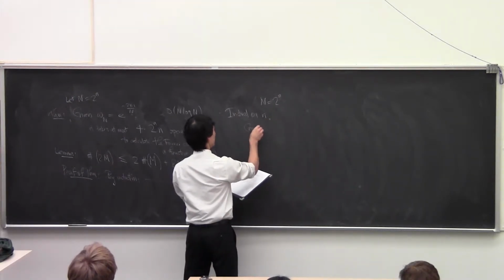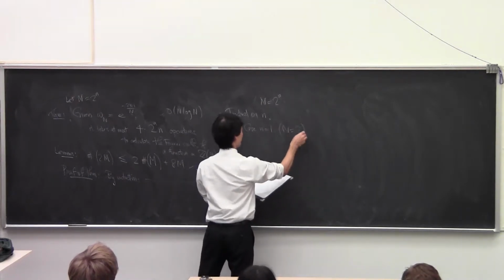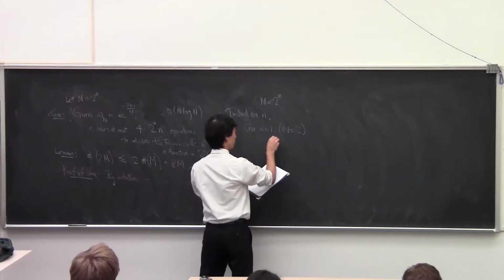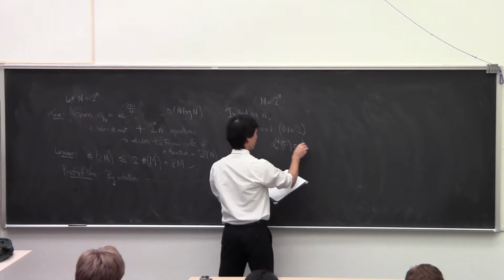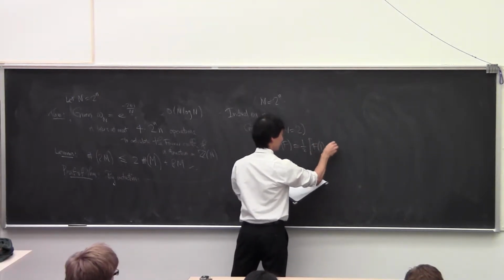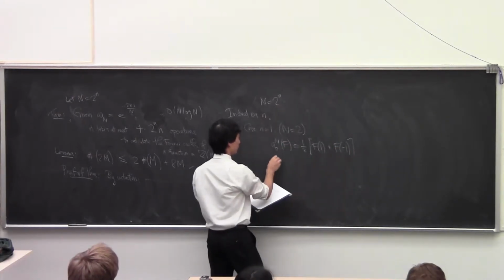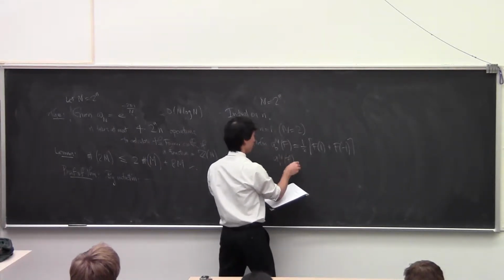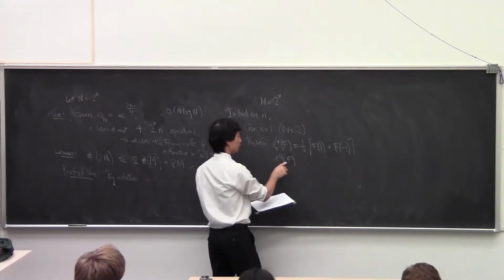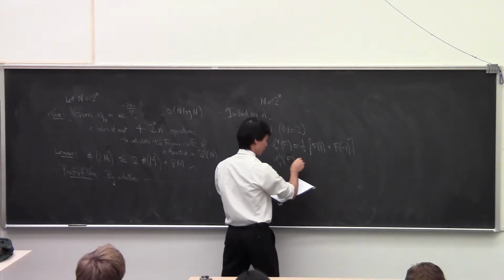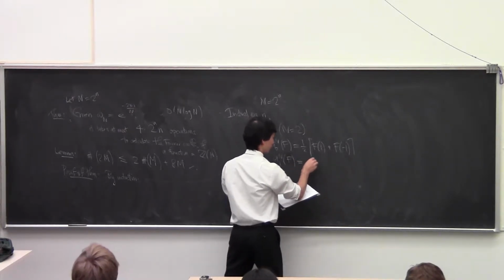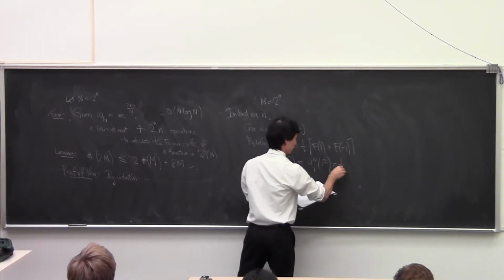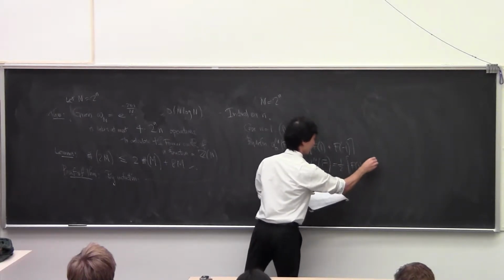In the case n equals 1, and capital N is 2, of course, by definition A naught of f is 1/2 (f1 plus f minus 1), and A1 of f, the first Fourier coefficient, is 1/2 (f1 minus f minus 1).